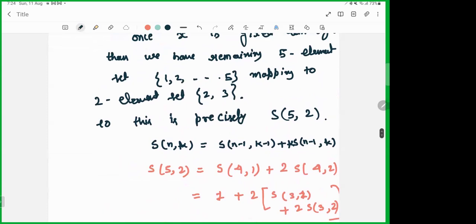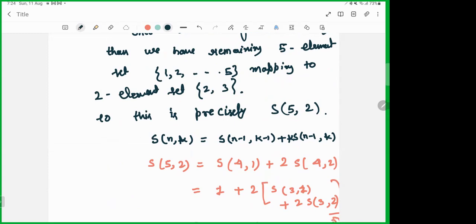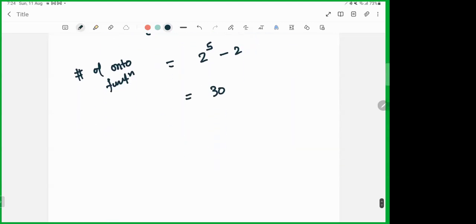We have to rearrange this block as well, no? So there are also two choices in this one, right? Our computation is correct, but once we are fixing these two blocks S(5,2), that means we are partitioning this five-element set into two blocks. Suppose we have these two blocks of 1 2 3 4 5.